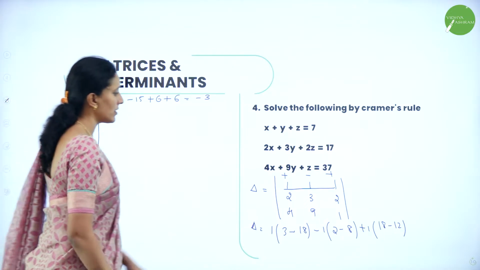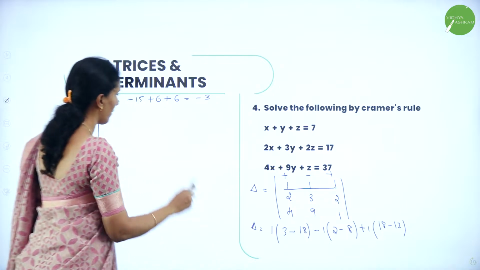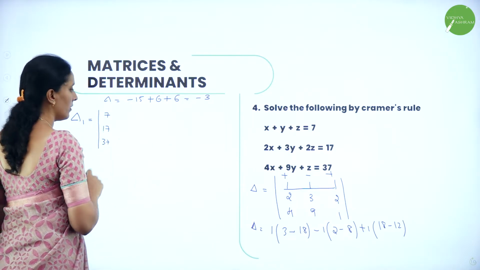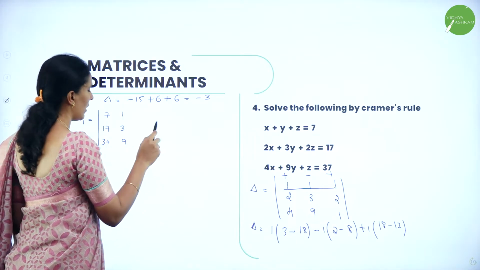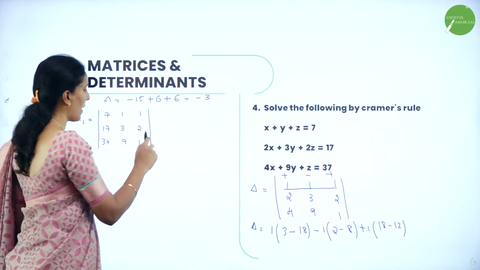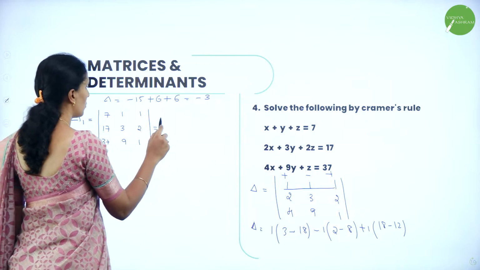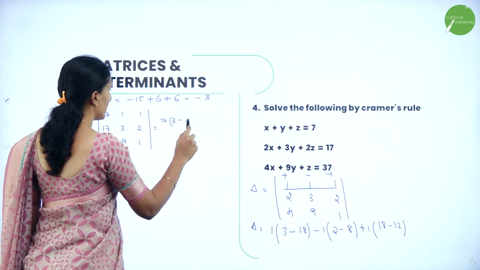So delta 1 is replace the coefficients of x with 7, 17, 37. So 7, 17, 37. Next we have 1, 3, 9. Next 1, 2, 1. Let us expand this again. So we have same first row, 7 into 3 minus 18.